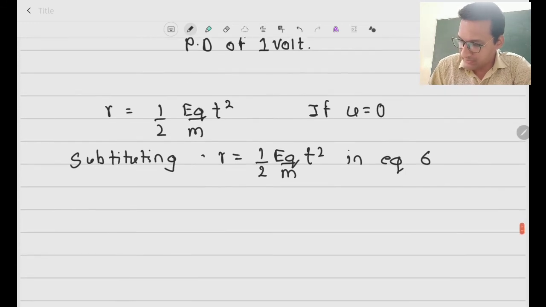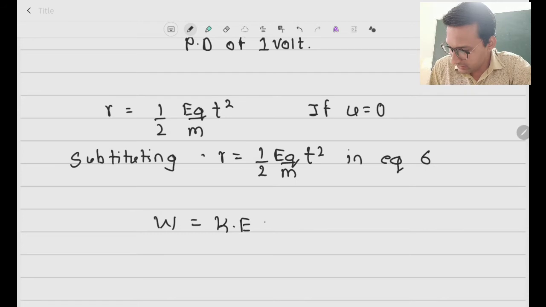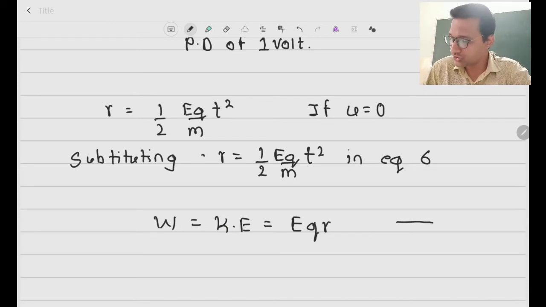What we will get is energy or the work done is equal to, which is also equal to kinetic energy, will be EQ, and that whole term will become R. So this is one more important equation.